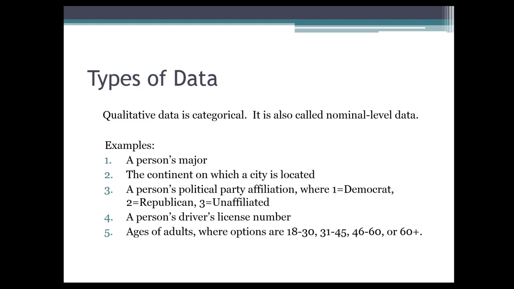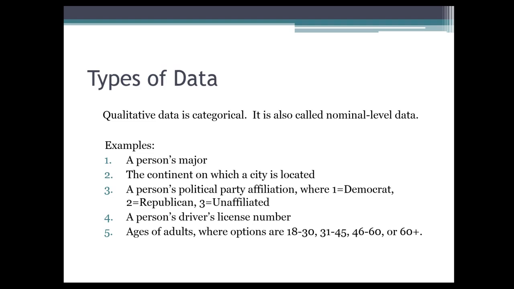Most of the time, if you've got something like Democrat, Republican, something that's categorical, they'll put numeric codes on it because SPSS needs the codes rather than the words to do some of the calculations. So even though this one is coded ones, twos, and threes, it's still qualitative data. All right, so it doesn't make sense to average those together.